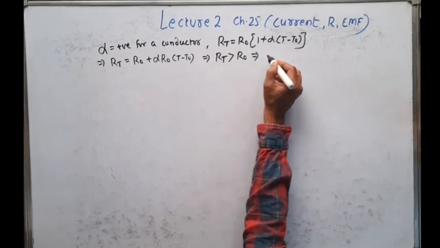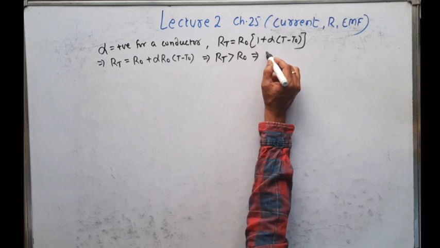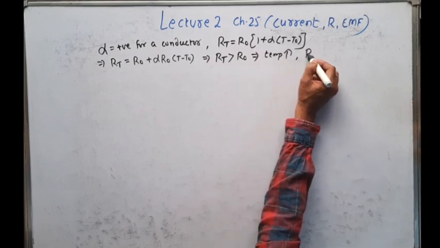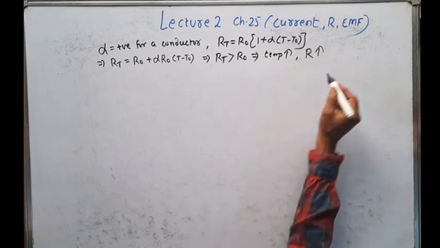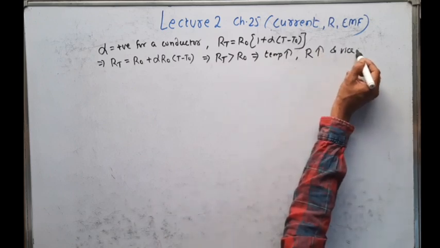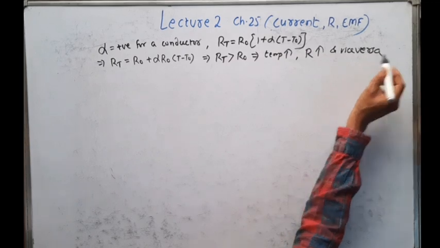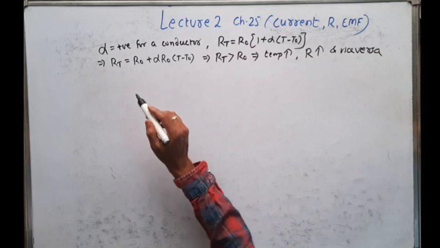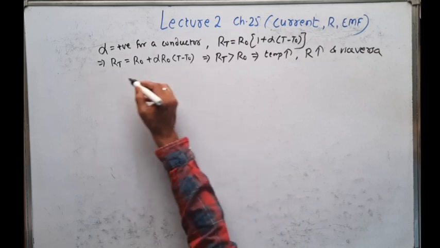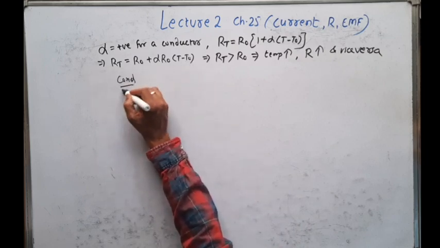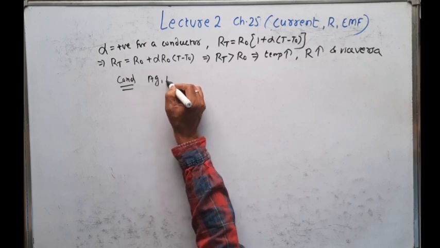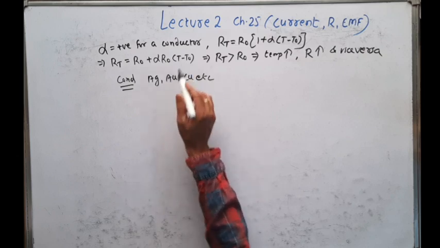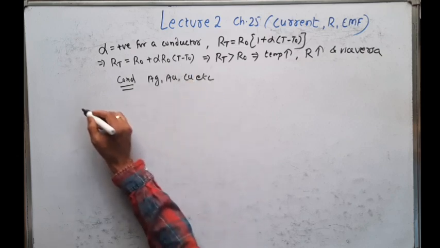That implies for a conductor, if temperature increases, the resistance also increases, and vice versa. That means if temperature decreases, resistance decreases. This is applicable for a conductor. Examples of conductors are silver, gold, copper, etc. For these, alpha is positive.